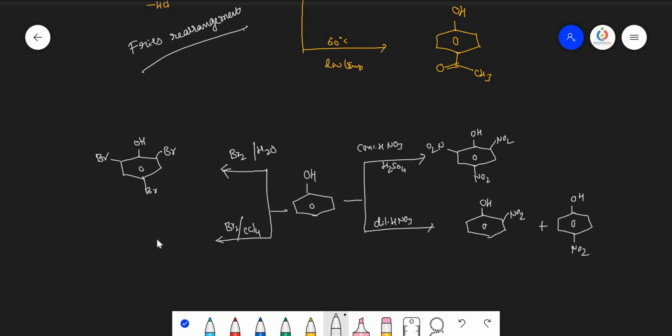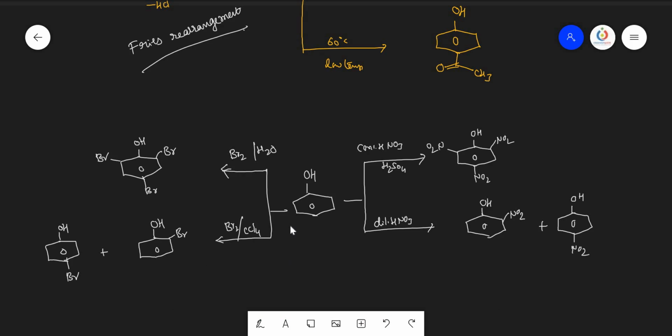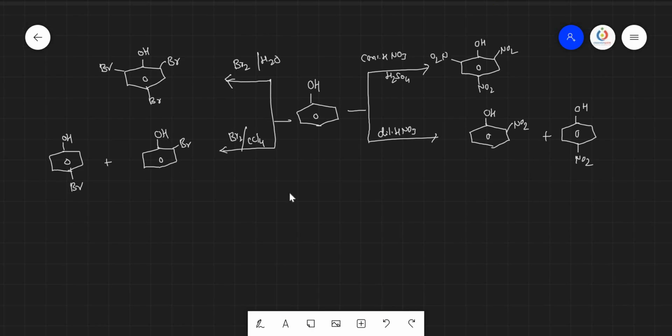Similarly, when you use CCl4 as a solvent, then ortho and para positions are occupied. Ortho-bromophenol and para-bromophenol. That's why I said these reactions are so important.